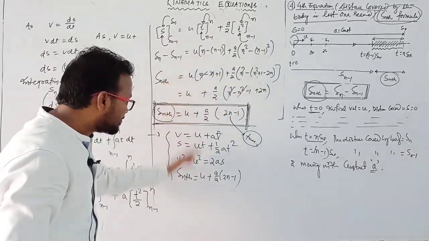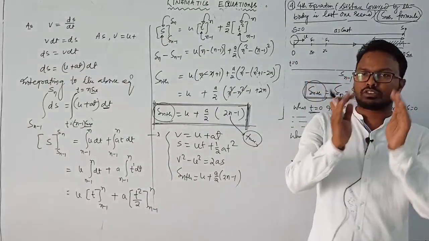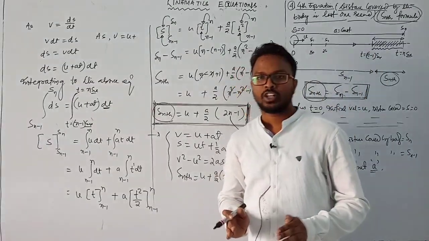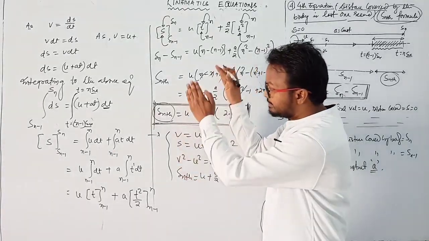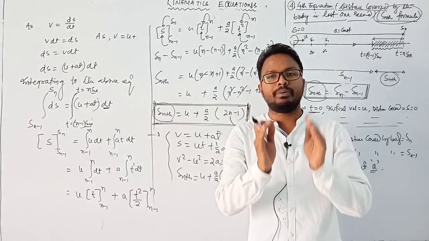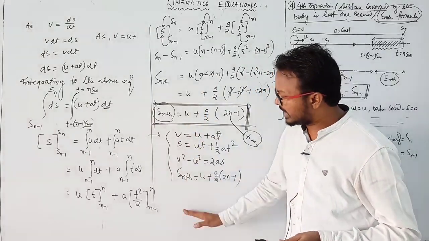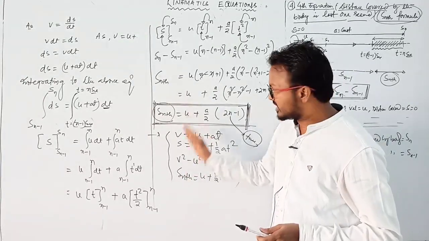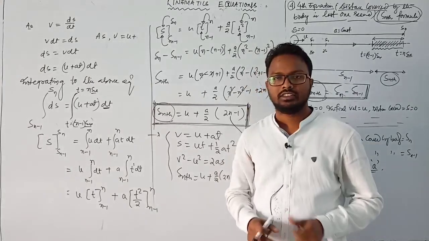These four equations are known as kinematic relations or kinematic equations of motion. We can use these four equations only when a body is moving with constant acceleration. So you have to remember these four formulas, and by using them you can solve different types of numericals. Clear? Thank you all.